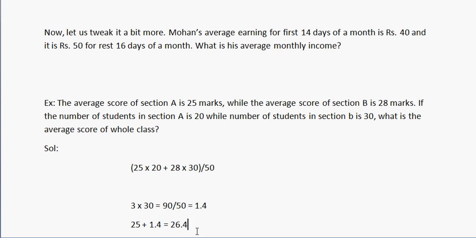This is how we do the basic questions of average. Just do not start calculating it. Just assume 25, or we can even take 28 as the average. If we take 28 as the average, we can see that section A is 3 less than 28, which means it is contributing minus 3 into 20, which is minus 60, again averaged over 50 students.